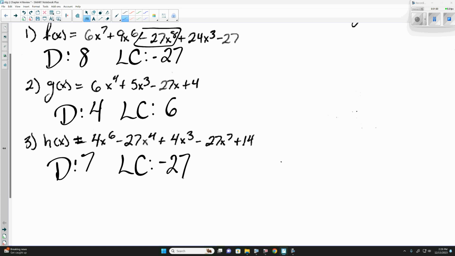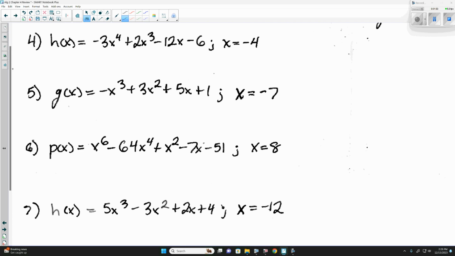Questions on 4 through 7. Evaluate the polynomial for the given value. Which one do we want to look at? 4. When we evaluate this, all we're doing is plugging in negative 4 in for every x.